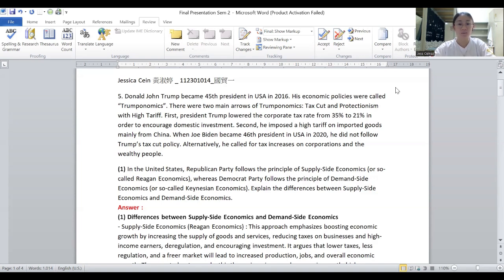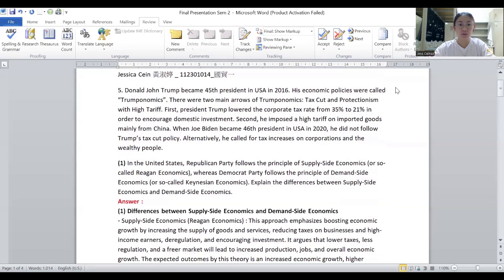When Joe Biden became the 46th president in USA in 2020, he did not follow this Trump's tax cut policy. Alternatively, he called for tax increases on corporations and the wealthy people.